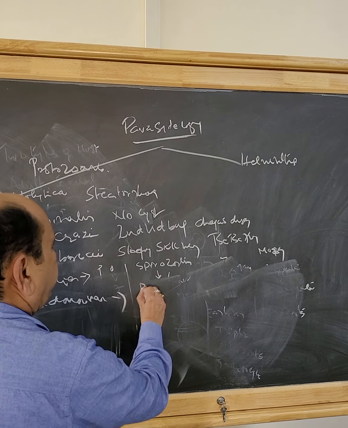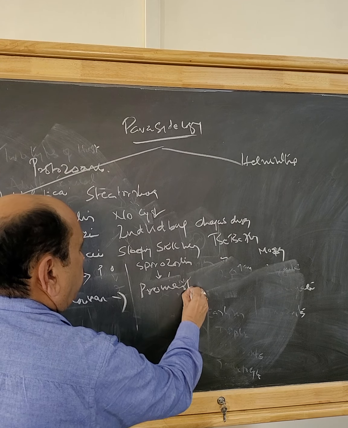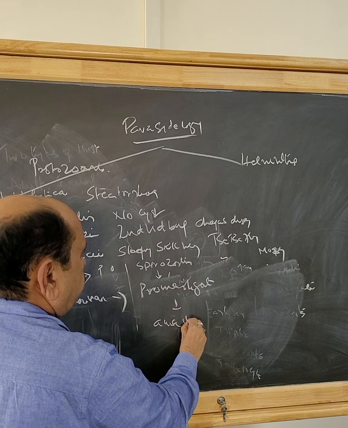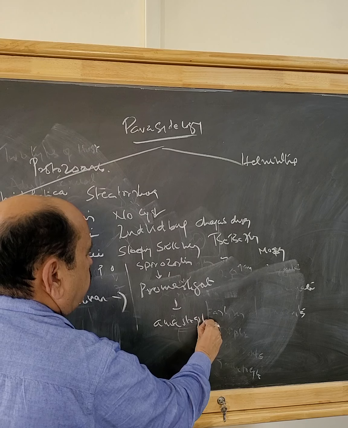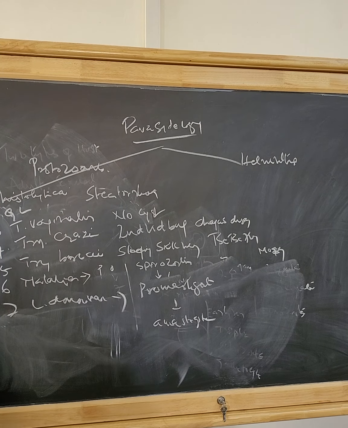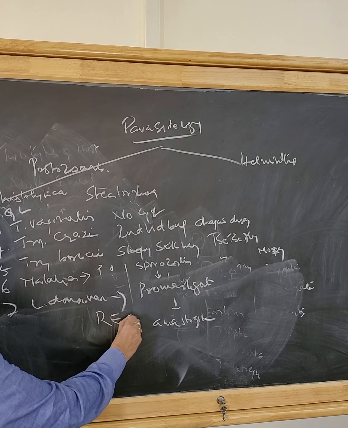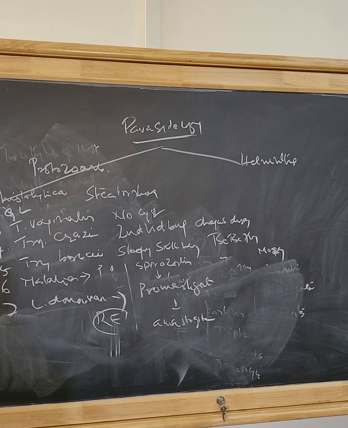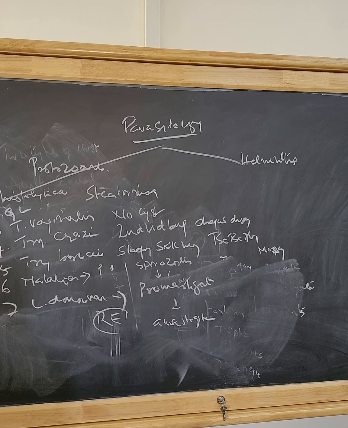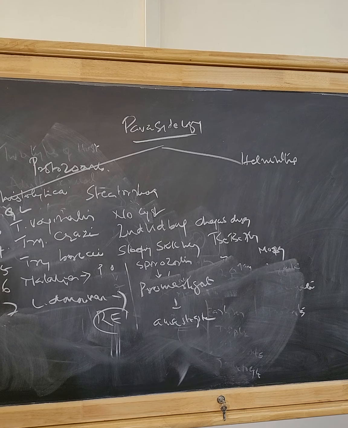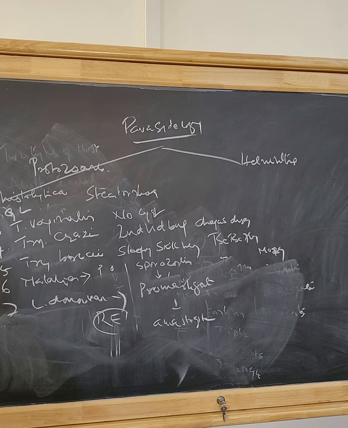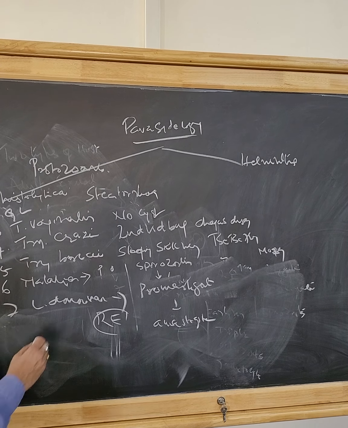Promastigote forms are infective and they become amastigotes. They infect the reticuloendothelial system, all macrophages, monocytes, and the reticuloendothelial system of the skin gets infected. Skin becomes black, wrinkled, and it is called kala-azar, black fever.